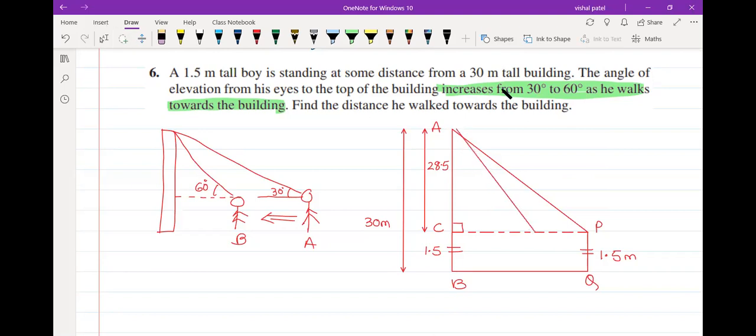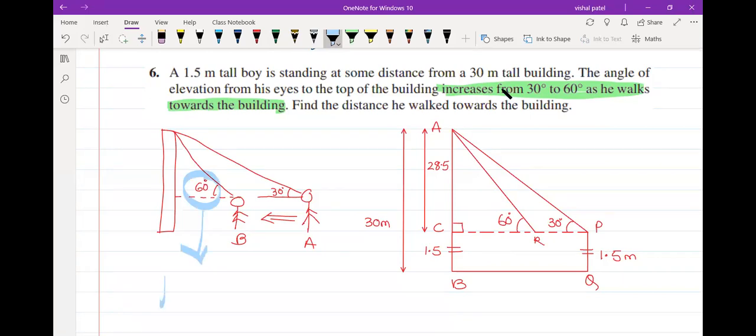Okay, now always remember one thing, students. Whenever you are walking towards the building, your angle is more when you are near the building. Means what? This is 60.